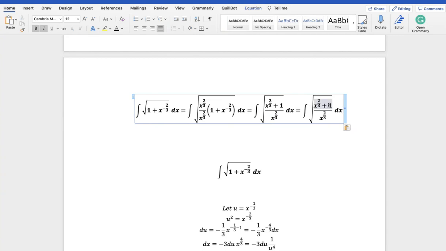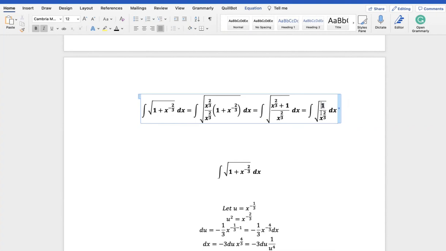you have in the numerator, my mistake, let me just rewrite this. So you have in the numerator, you can break up the square root into the numerator and the denominator, right?